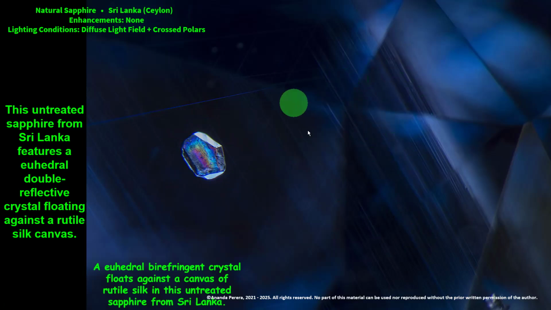This is parallel rutile silk canvas. On the top of the canvas, we can see it is like floating. This tells us the sapphire is not treated. It is a natural sapphire, and this is the natural birthmark of that sapphire. We are moving to next.